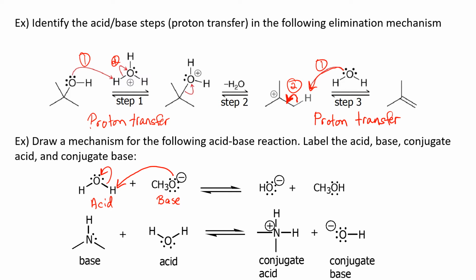In the bottom example, we have the nitrogen-containing compounds. Dimethylamine is our base, and water is the acid. So the tail, and this is a neutral base. So we have that, and we get our products.